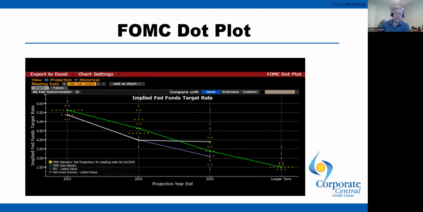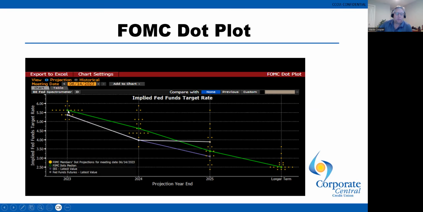You can see at the end of 23, we're sitting at about 5.3 right now. All these yellow dots are voting members, and where they think it's going to land. The median is the green, and the Fed funds futures is this white line.